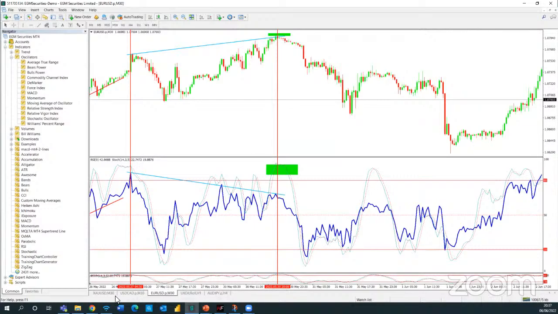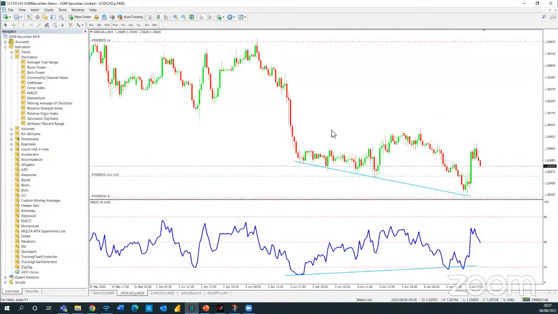Now, when you look at this for the USD CAD, you realize that the downward trend on these peaks is not being confirmed by the peaks or the troughs, by the swing lows of the RSI.